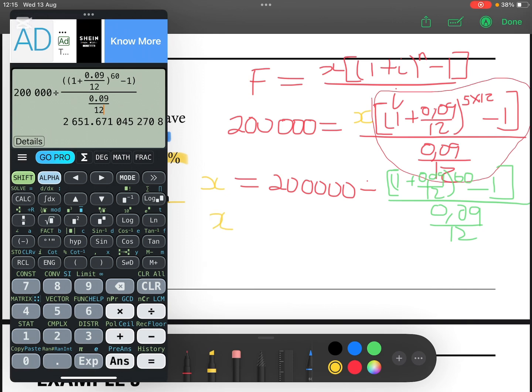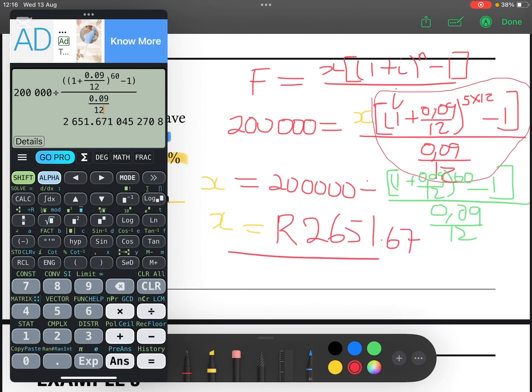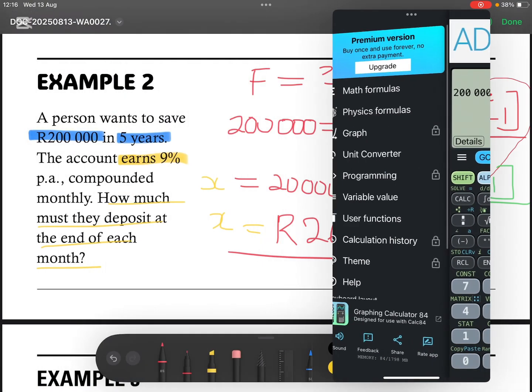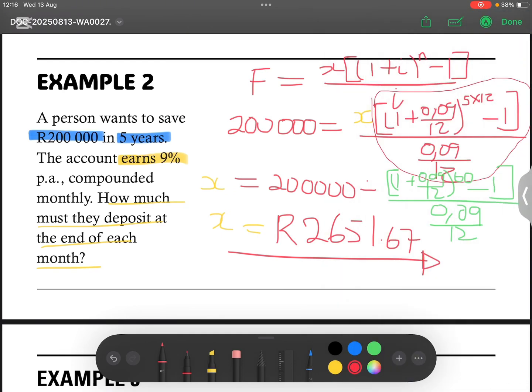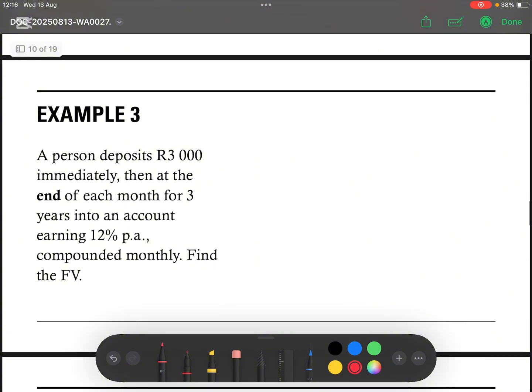So this person's monthly installment, which is the value of X, he must pay 2,651.67 every month, so that he can accumulate the amount of 200,000 in a 5-year time if the interest rate given is 9% per annum compounded monthly.